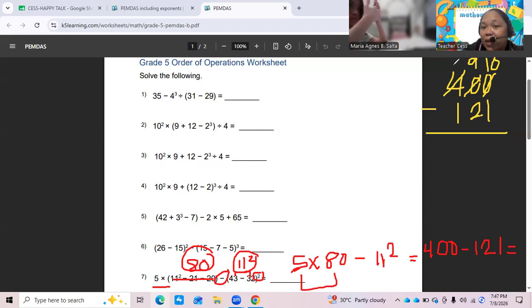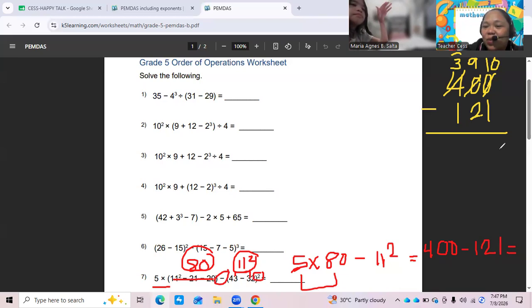Then 4 will become 3. You will subtract 1 only. All right?